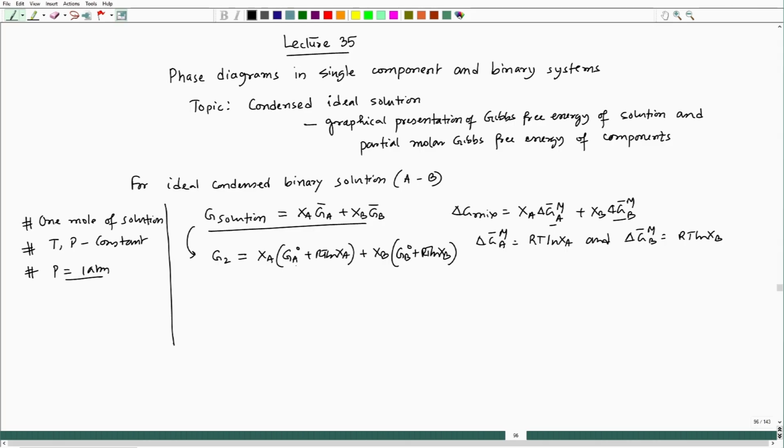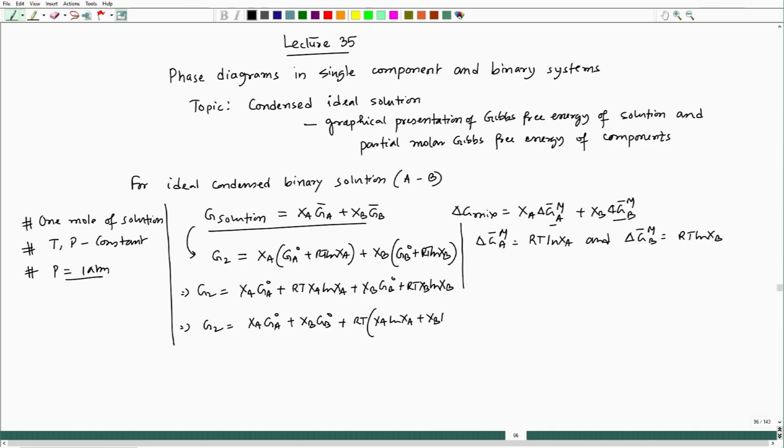That means G A bar, G A naught and G B naught are all at standard conditions at any temperature T. So, G 2 can be written as X A G A naught plus R T X A ln X A, plus X B G B naught plus R T X B ln X B. Then G 2 becomes X A G A naught plus X B G B naught plus R T times X A ln X A plus X B ln X B.